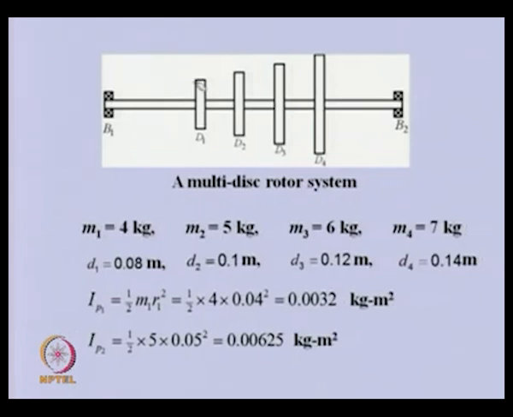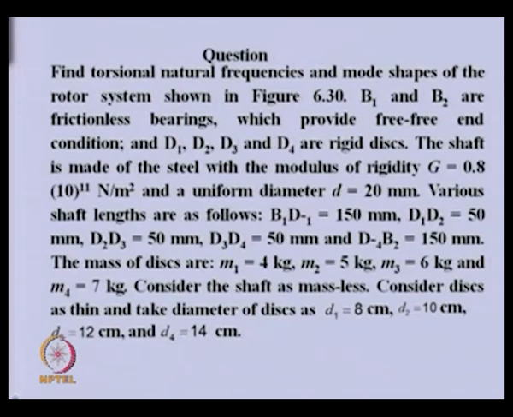You can see we have 4 discs, connected by a uniform shaft, and the shaft is supported at the ends by frictionless bearings, with various properties of these shafts. Let us see the various distances and various properties of the mass and the size of the disc.